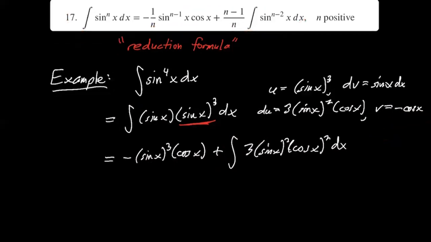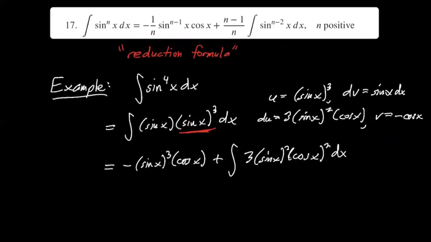And so here's the thing you can do. Again, it's not obvious, but we talked about how you can replace sine squareds with 1 minus cosine squared and cosine squareds with 1 minus sine squared. So I'm going to turn this cosine squared into 1 minus sine of x squared.